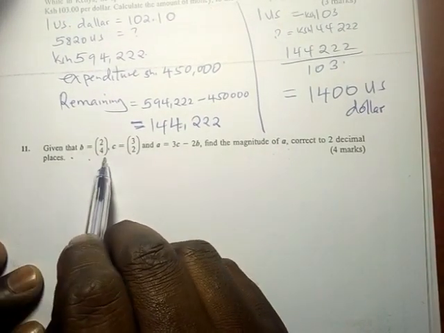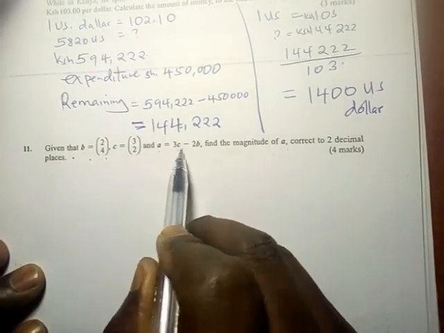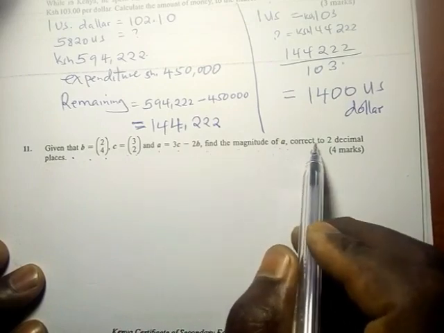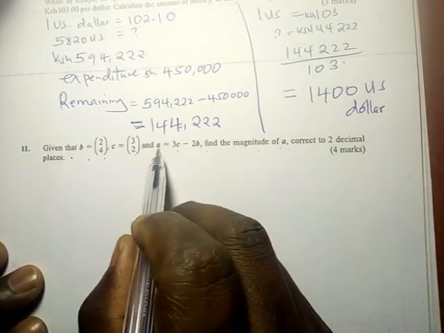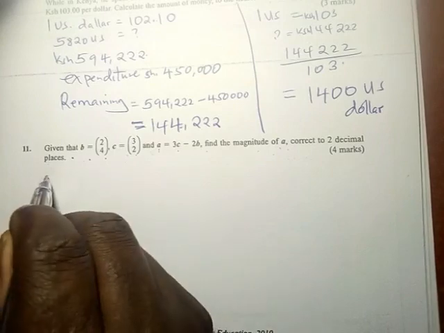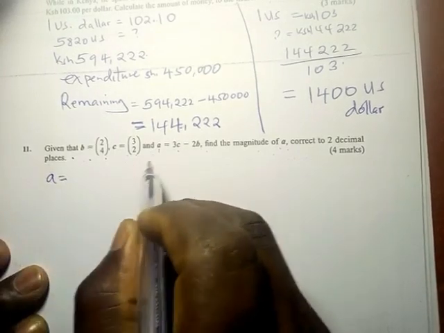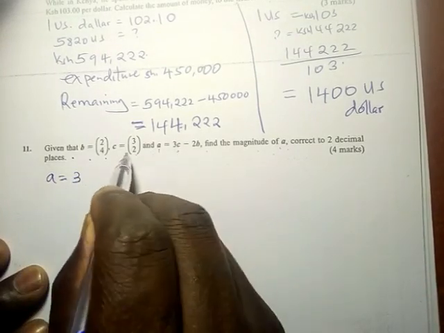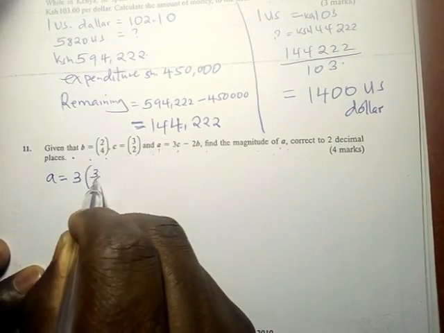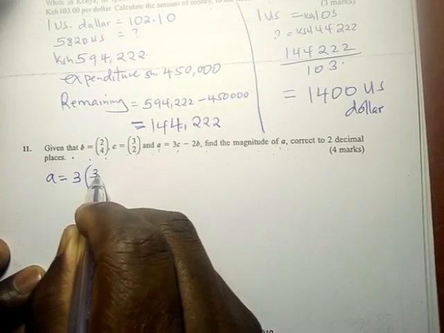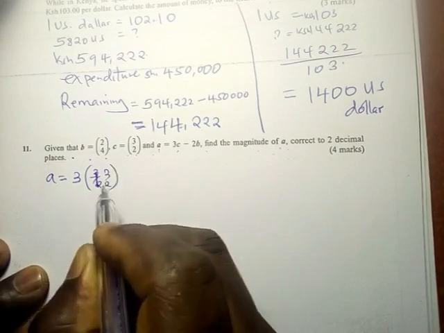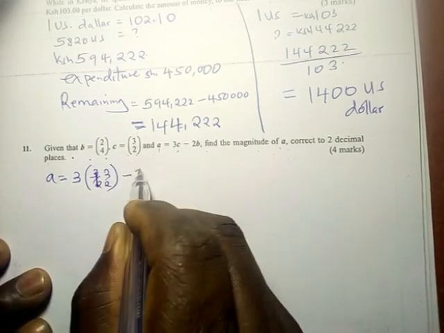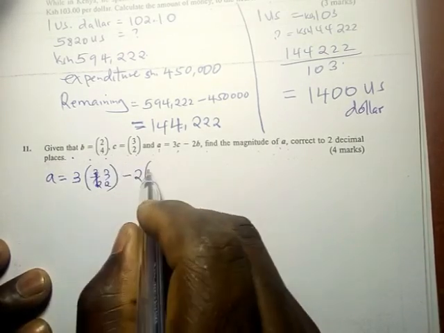Given that B is this, C is this, A is this, find the magnitude of A correct to 2 decimal places. So we have been given that A is equal to 3C minus 2B, C is 3, 2, and B is 2, 4.